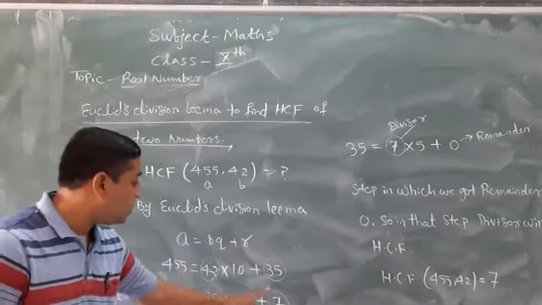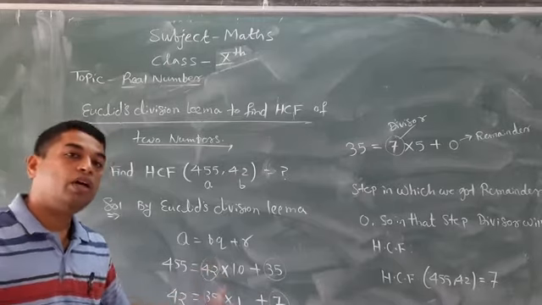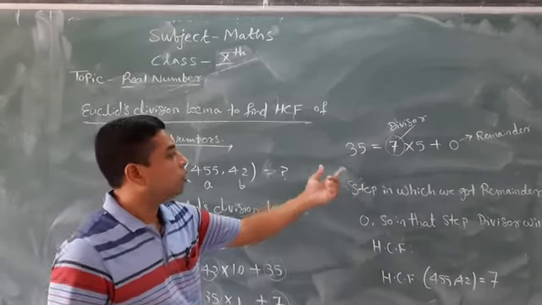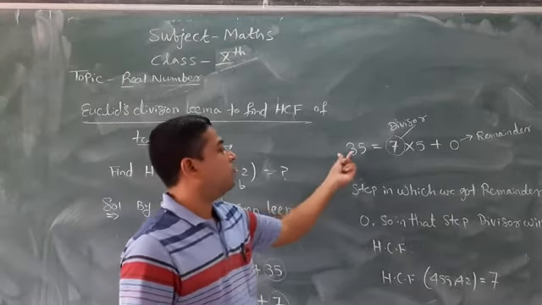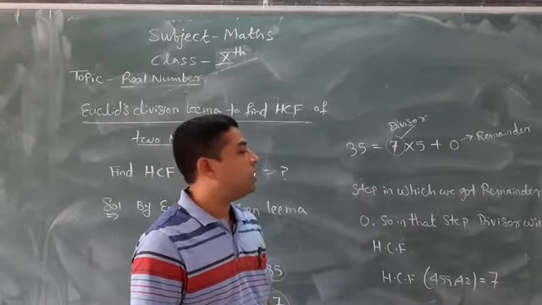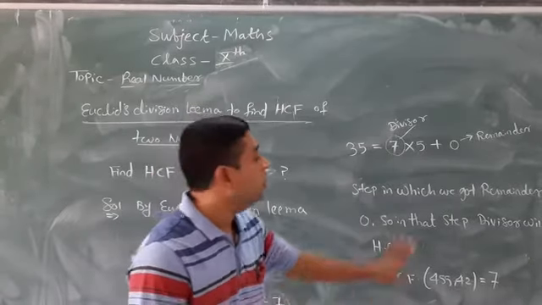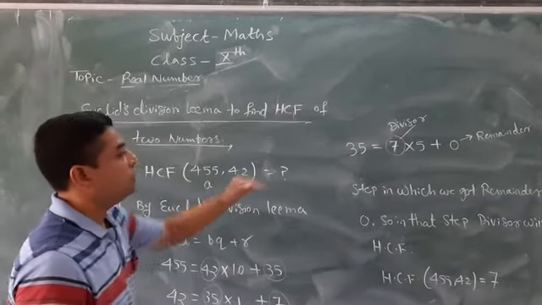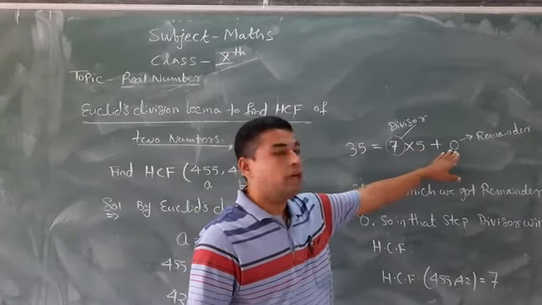Here again we are not getting remainder 0. So again we will continue by taking the divisor and remainder. Our divisor is 35 and remainder is 7. Again we continue. If we divide 35 by 7, it goes 5 times and here we are getting remainder 0. So in the first, second and third step we get the remainder 0.